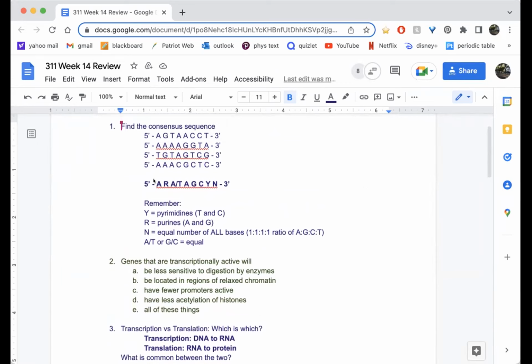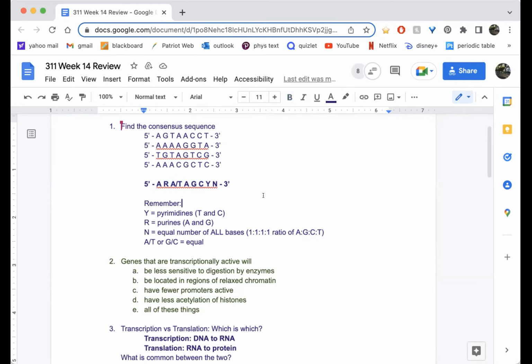I think this is more theoretical, because over here where we have A/T, we don't know if it's going to be A or T. So that's more of a theoretical thing. It's like a prediction. There's no guarantee that that's exactly what we're going to find.